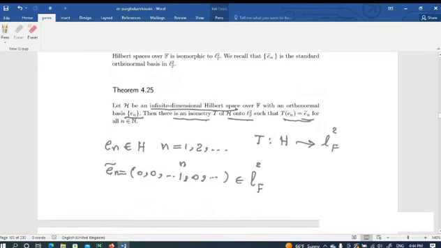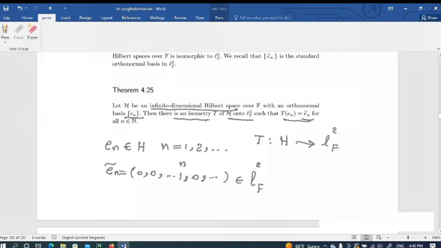Theorem: let H be an infinite dimensional Hilbert space. So H is a Hilbert space such that the dimension of H is infinite over the field F with an orthonormal basis e_n.